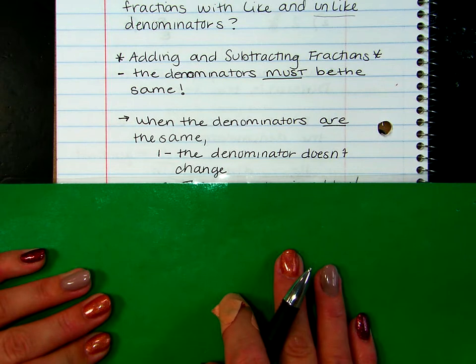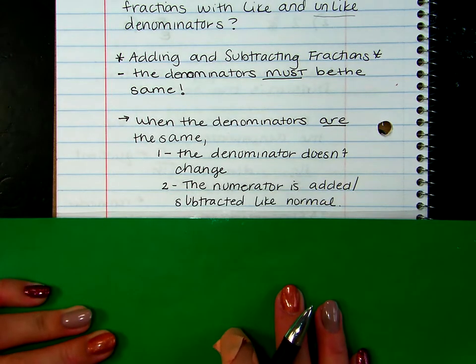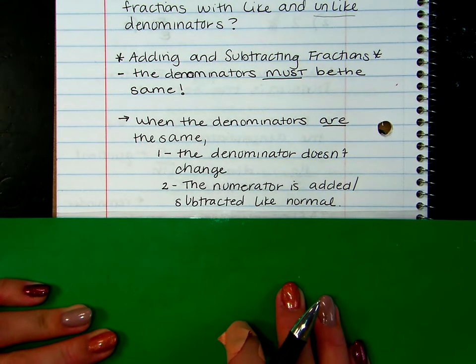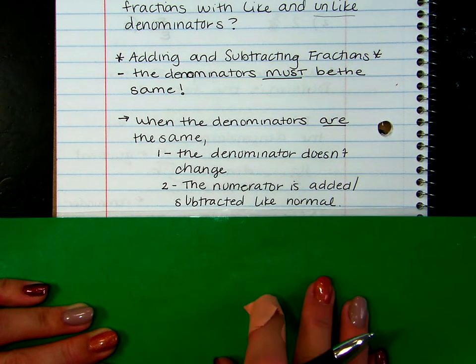Our next step, step 2, is that the numerator is added or subtracted like normal. So if we have 4 in one numerator and 3 in the other, and we have addition, we'd go 4 plus 3, giving us 7. But again, that most important piece is that that denominator, once it is the same, it stays the same. Okay?